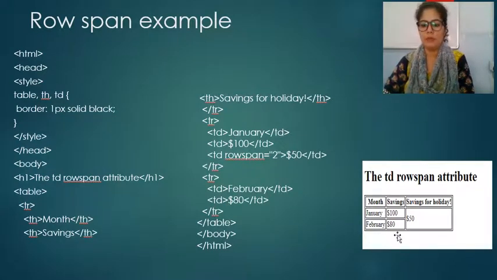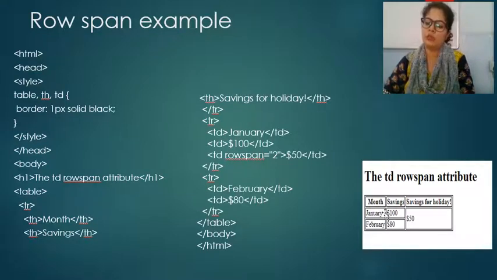Look at this example of a table. For example, we want to create a table in which there are 3 cells in the first row, and in the second row there are 3 cells, 1, 2, 3.